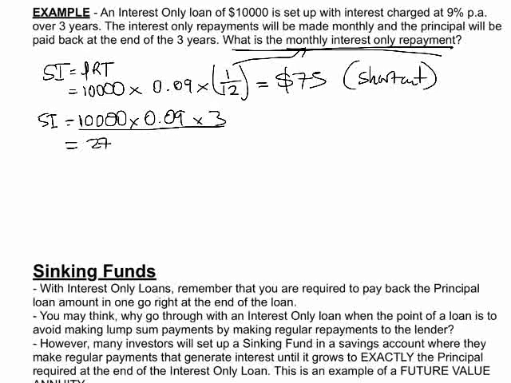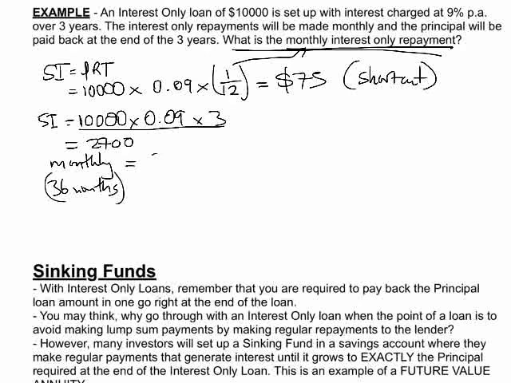That's $2,700 interest for the whole 3 years. Then you work out the monthly payment: how many months is it? 3 years times 12 is 36 months.